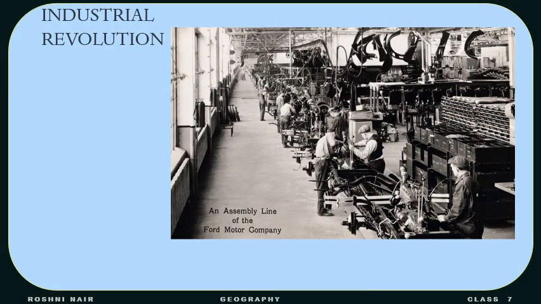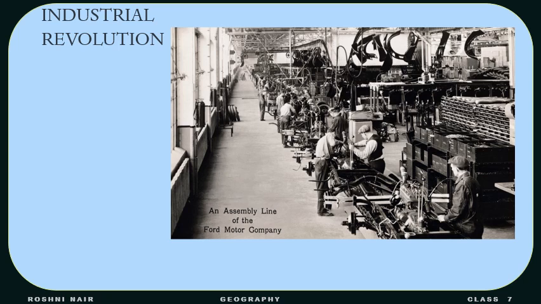Before we learn more about industries, let us understand one more term here related to industry, that is Industrial Revolution. Industrial Revolution started in England in the 18th century, and from there it spread to the rest of Europe. Then it spread to North America and Japan.